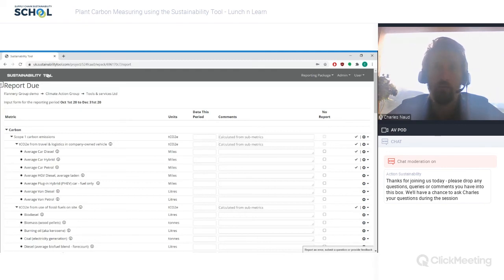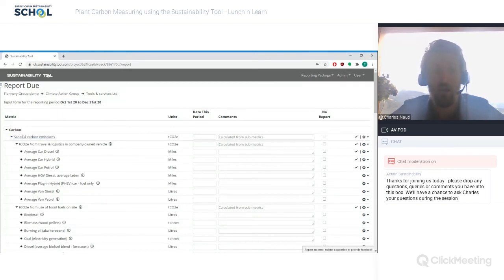It's led by the Supply Chain Sustainability School that's used to enable all the suppliers within our school community to report their carbon emissions. When you're set up as a supplier, you essentially are invited every quarter, in this instance, to report information that will be used to calculate your carbon emissions automatically. In this instance, I'm reporting, as you can see here, for the last quarter of 2020. This is a demo account.